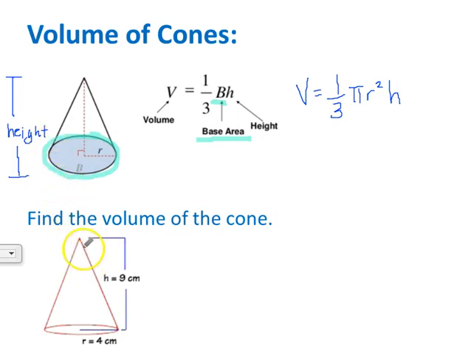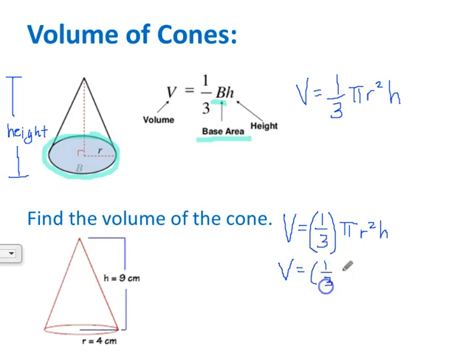So here's an example. Let's find the volume of a cone. First I'm going to start with writing down what my formula is, 1/3 times pi r squared times the height. And then I like to start writing in the information that's given. So I'm going to write 1/3. I know that pi is 3.14.